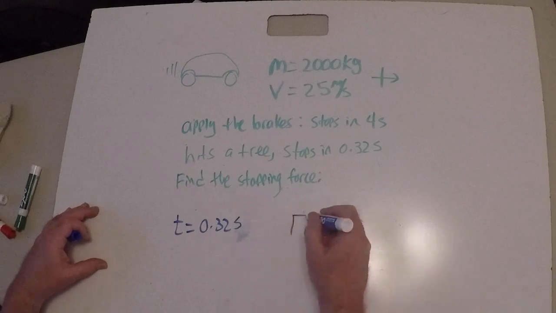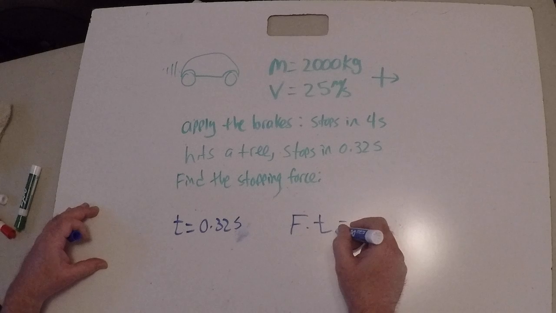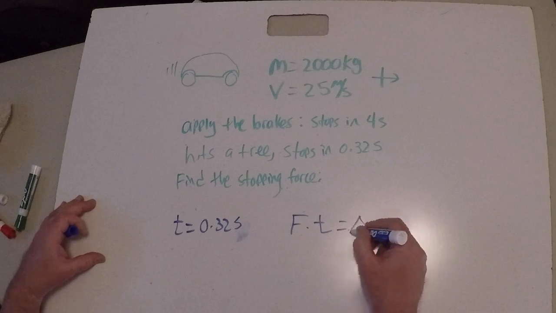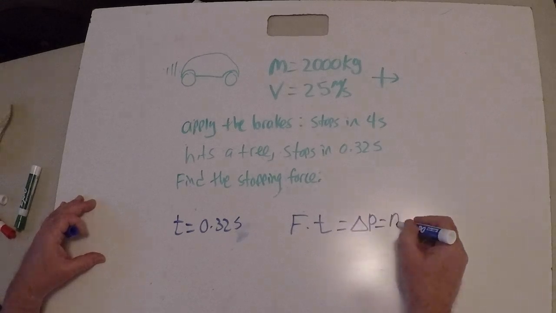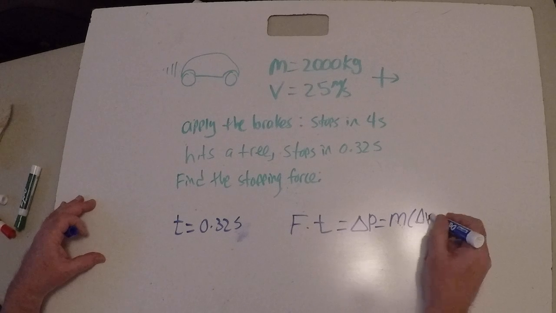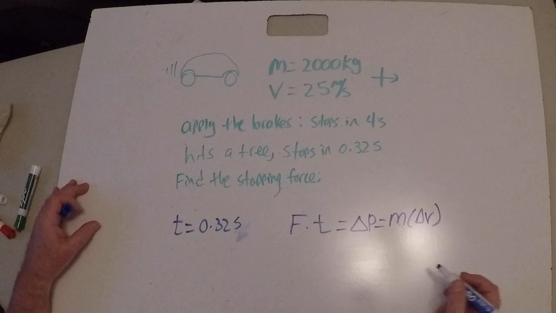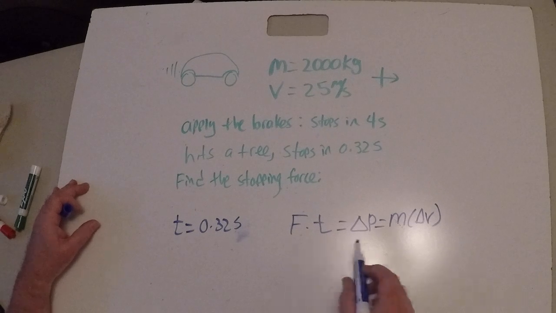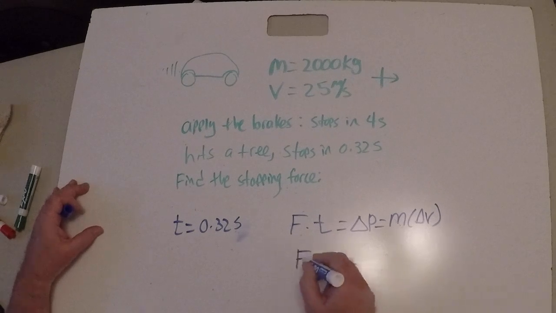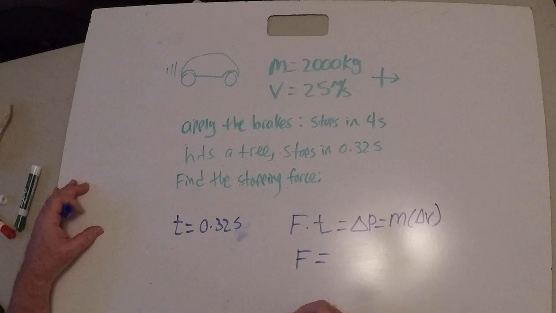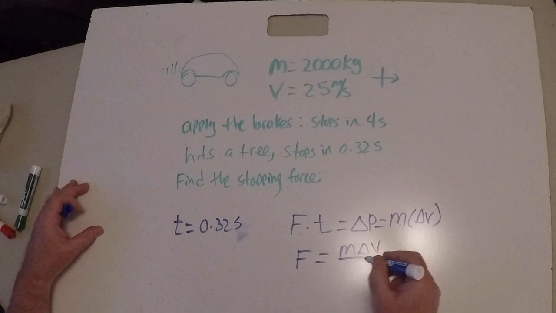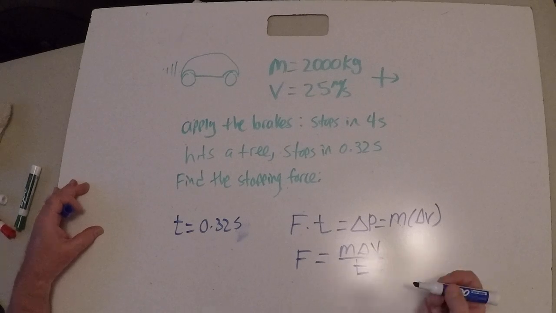We start with the equation, always start with that. So the change in momentum would equal mass times the change in velocity. A couple of things about this. One thing I could do is just divide both sides by t without putting any numbers in there first to get the force. And that would be the mass times the change in velocity divided by the time.